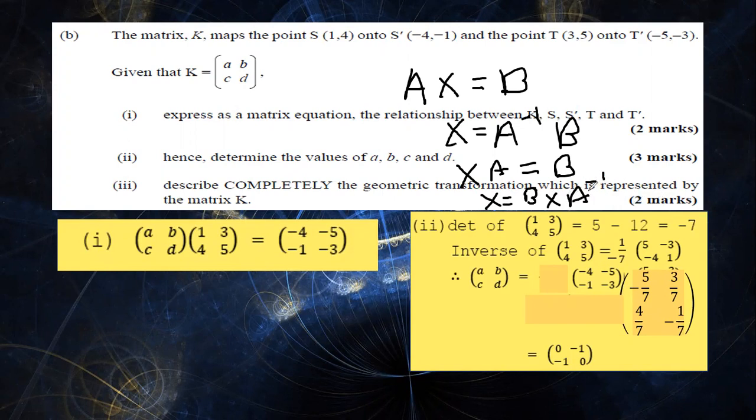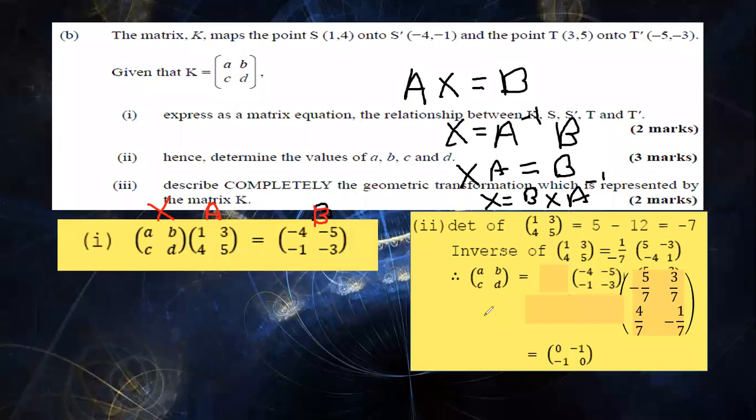The A inverse will be on the right-hand side of the B, where this matrix here is B, this matrix here is X, and this matrix here is A. Kind of unconventional, but very important to remember.